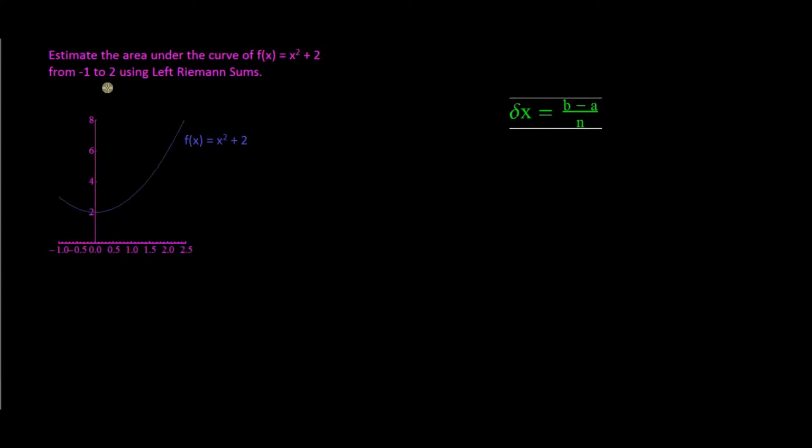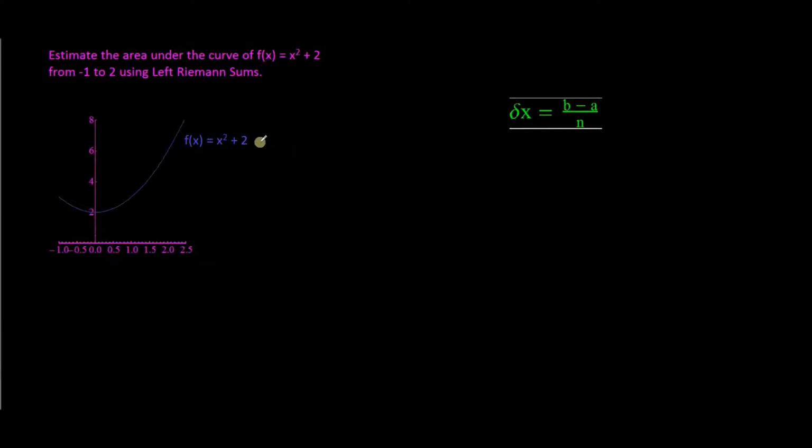So let's start with an easy example. We're going to separate it into 3 intervals. So if we separate it into 3 intervals, then our formula here tells us that the width of our rectangle, or our delta x, is going to be b minus a over n.